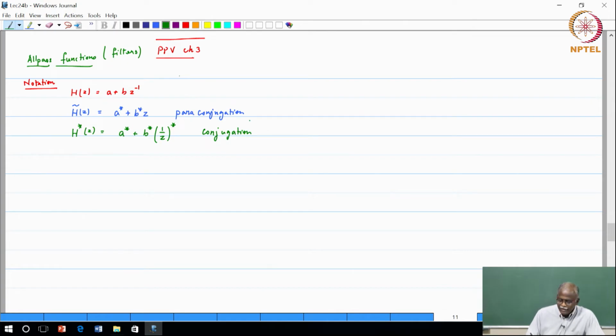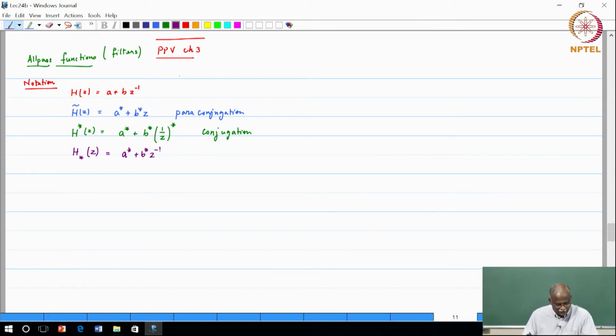Yet another notation that is going to be introduced is for a polynomial with complex coefficients. If I put the conjugation asterisk at the bottom, that says conjugate the coefficients and leave the z terms alone. Then what you get is A conjugate plus B conjugate z inverse.